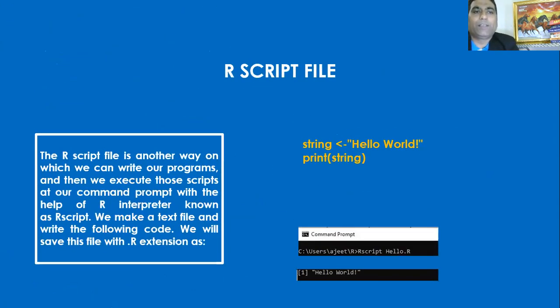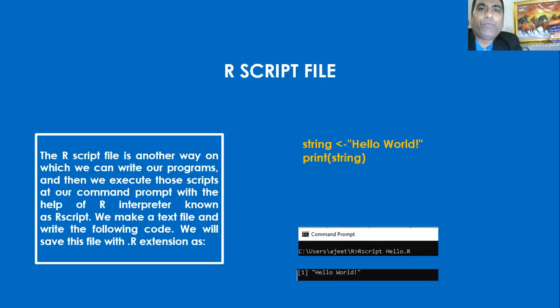Next is R script. So R script file is what? On the command prompt or R console, you can write a single line statement and you can execute it. But the script file is a file that contains the R script.